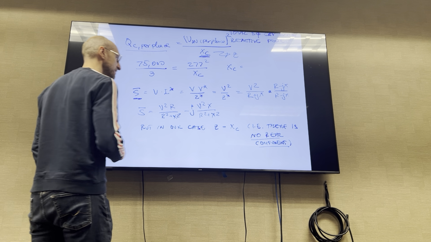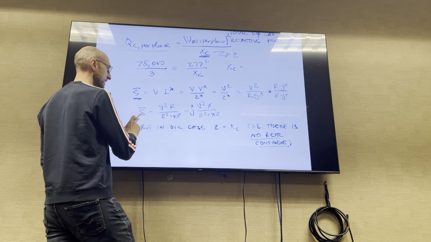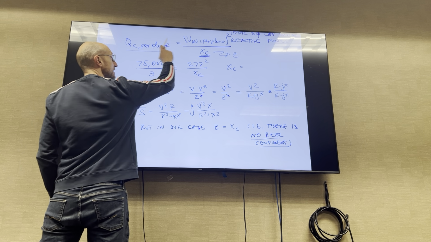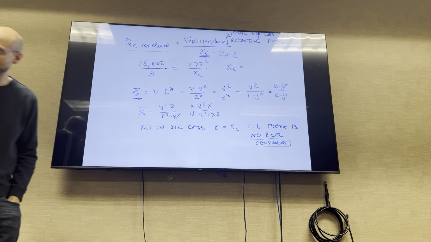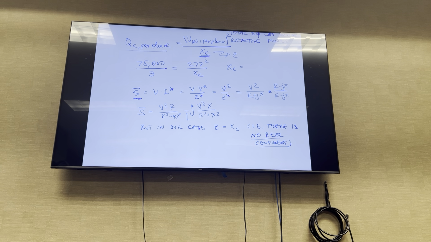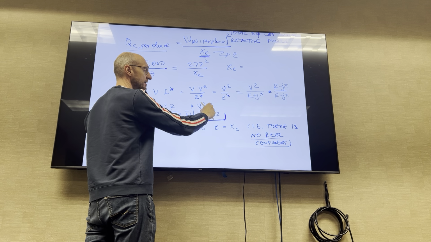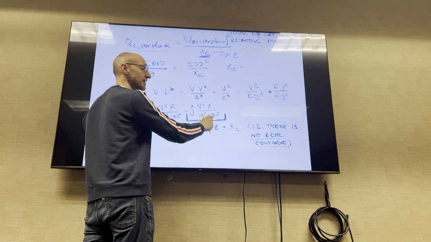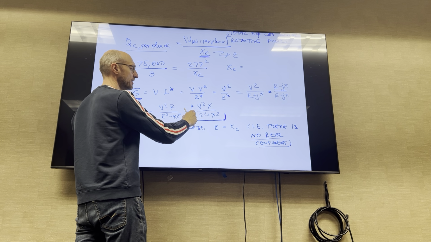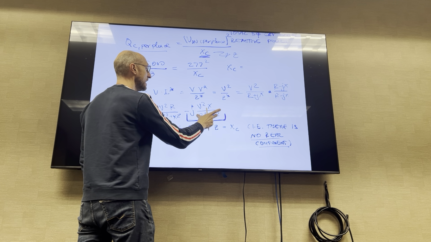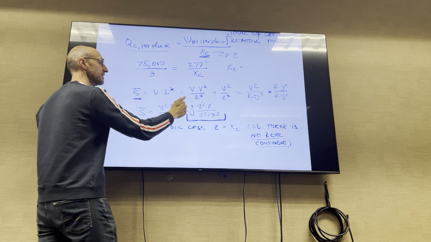So in our case, this is pretty involved, but what we're looking at in this part of the problem is just this term. And this term becomes a lot simpler because R is 0. X squared cancels this X, so I get V squared over X. And I'm just looking at this magnitude, and I am comparing it to the value of Q.